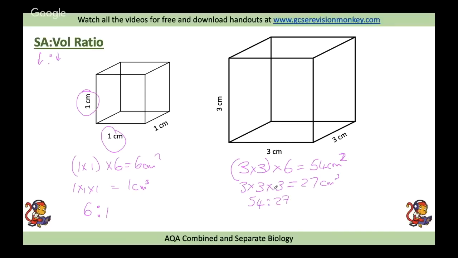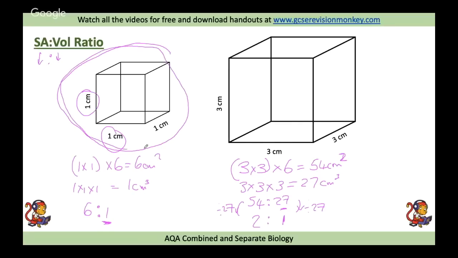But they're quite difficult to look at and compare at this point. So because this one's at a 1, if we also get this side to a 1 by dividing it by 27, that will give us 1. And we need to do the same to the other side, divide by 27, and that gives us a ratio of 2.